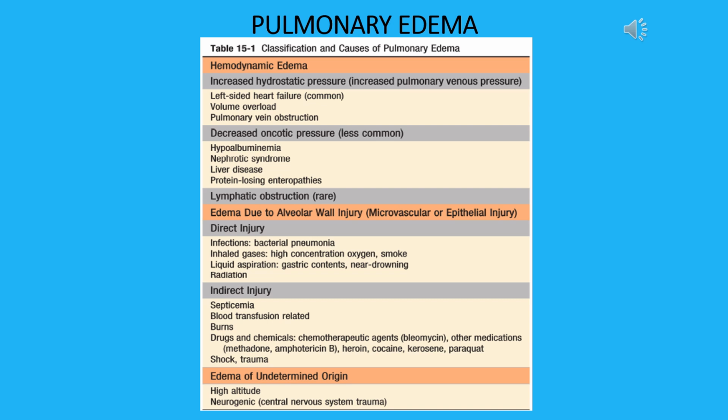Direct injuries such as infections in the case of bacterial pneumonias, inhaled gases, and radiation, while indirect injury can be in the cases of septicemia, burns, drugs, and chemicals. The third category is edema of undetermined origin, such as in high altitudes and neurogenic causes.